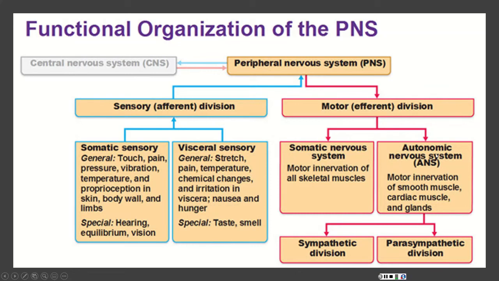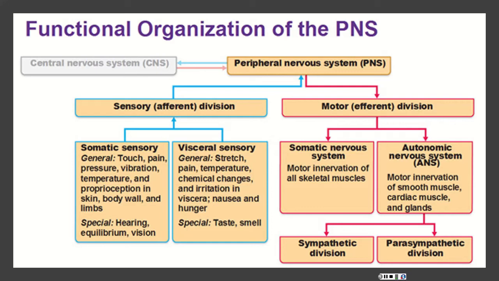Now your autonomic nervous system, the ANS, these are the things that your body is doing in the background involuntarily that keep you alive.